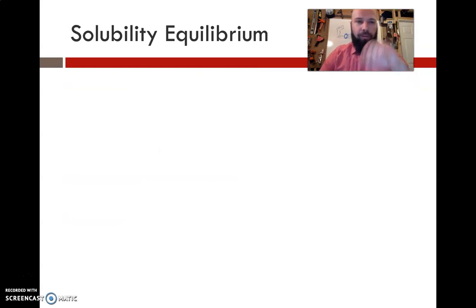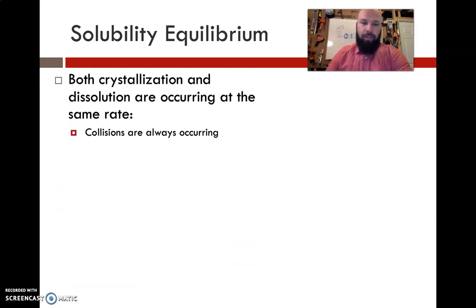Let's look very quickly at solubility and phase equilibrium. Solubility is when both crystallization and dissolution are occurring at the same time.